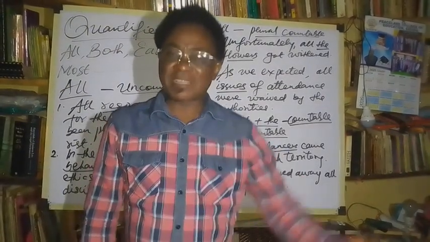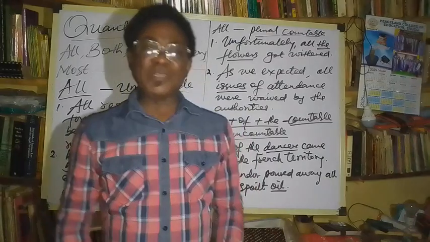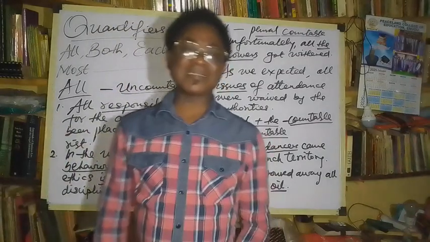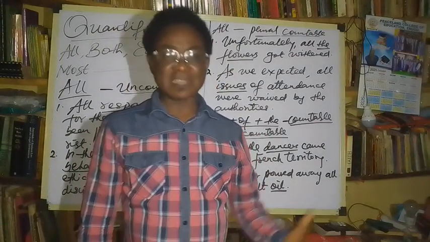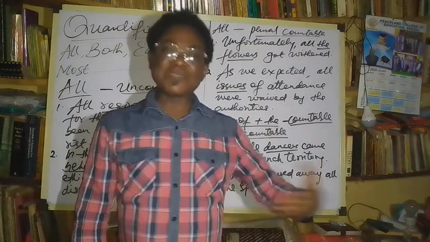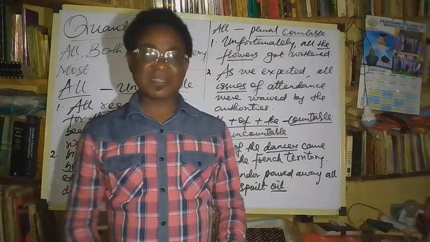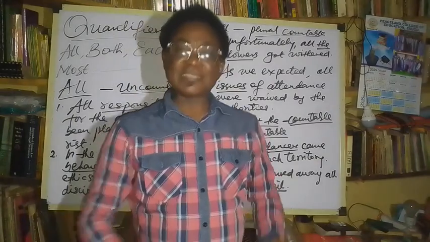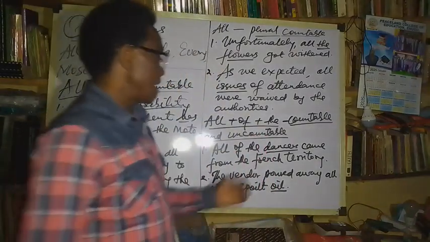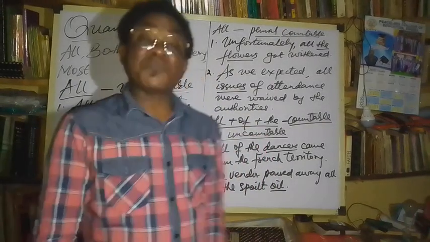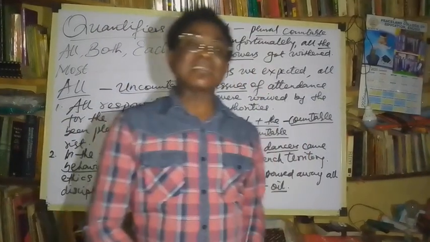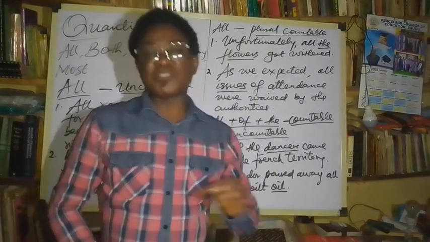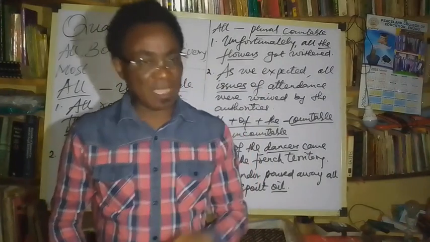But when we say all of the, we are making an emphasis. We are trying to emphasize the fact that none is exempt, none is missing, none is discounted. Everybody is inclusive. That is when we say all of the. If we're not being emphatic, we can say all the and avoid using the preposition of.